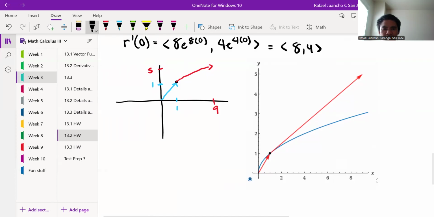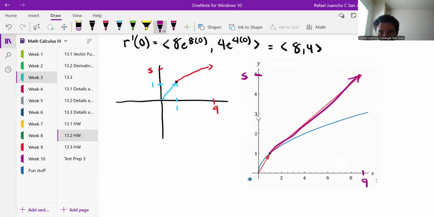So this vector is my position vector, so it's this one. And this is my tangent vector. So it's that one. And see here, it goes to 9 and to 5. So here goes to 9 and to 5. So that's why, yeah, my drawing's not good. It's not in scale. But yeah, that's the idea.